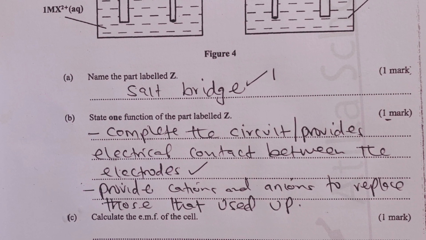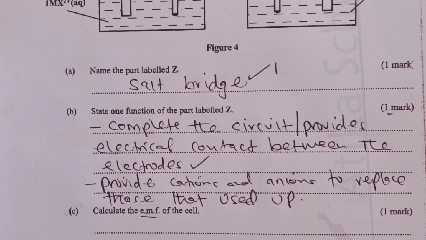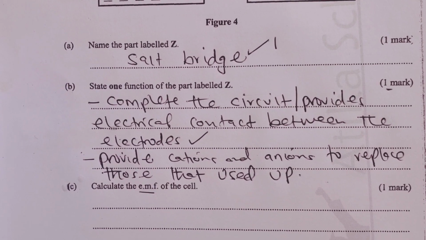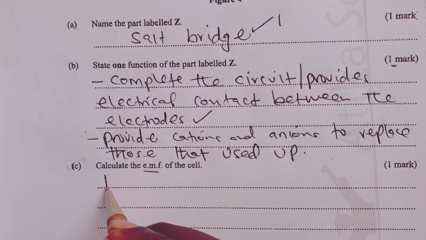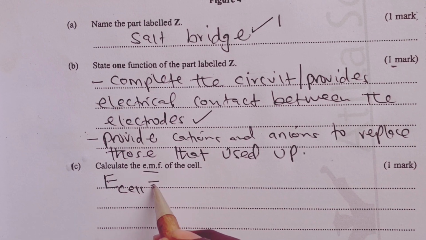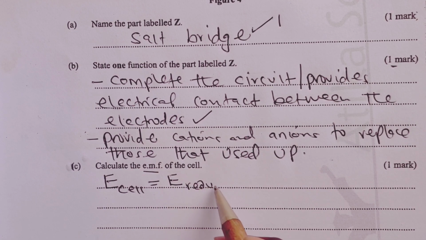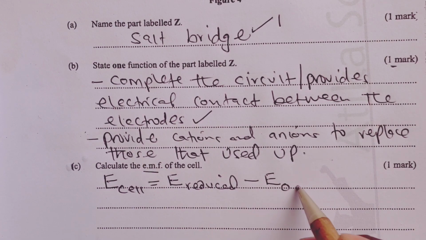Finally, we were asked in part C to calculate the EMF of the cell, the electromotive force of the cell. So here, we normally use a formula. EMF of cell is given by E naught of the reduced half cell minus E naught of the oxidized half cell.